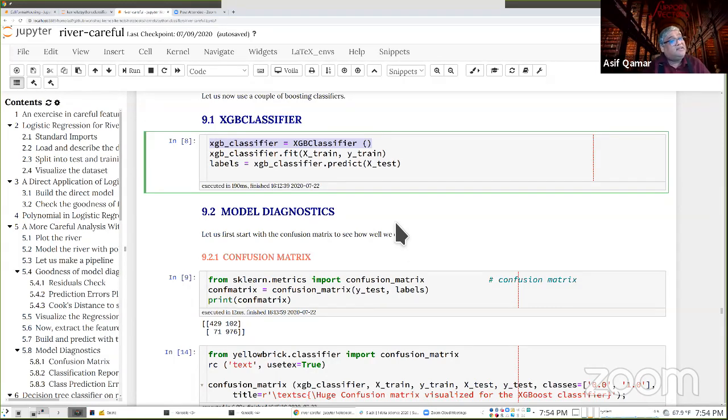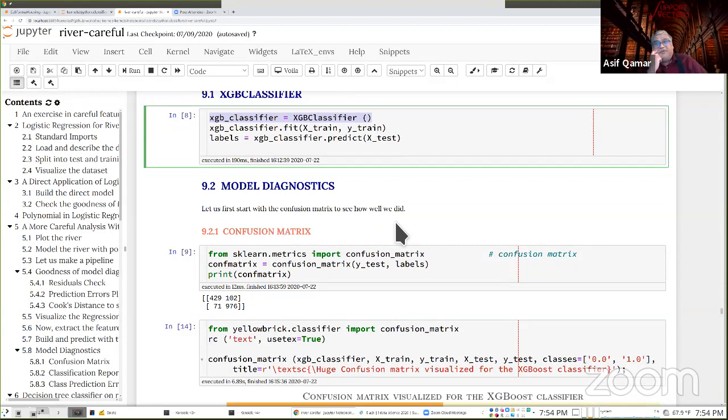What it means these days is, see, now you have many algorithms, right? By now, if you just count on your fingers how many algorithms you have learned since ML 100 and ML 200 just for classification, you would have counted many.